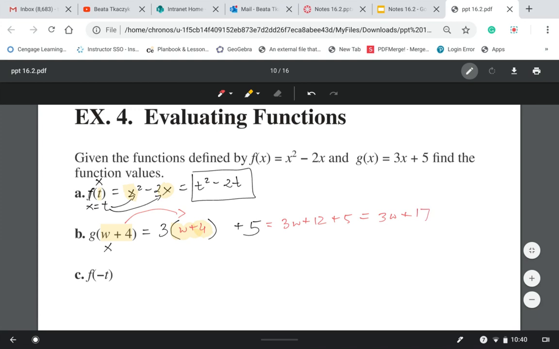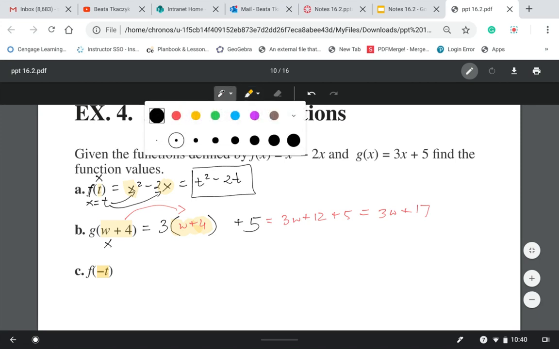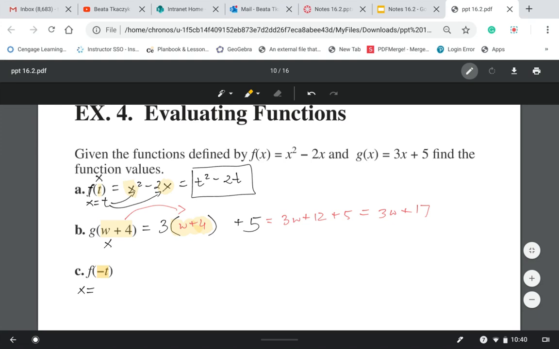And part C of the problem, okay, in this case, we're going to replace x from function f with negative t. So don't forget that here we know that x is going to be replaced with negative t.